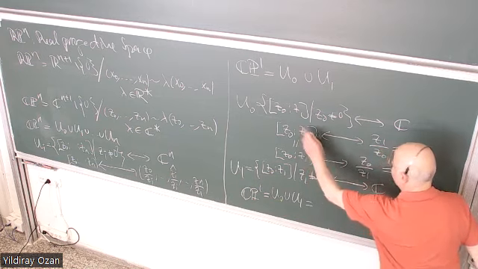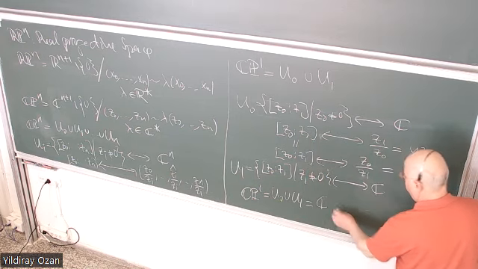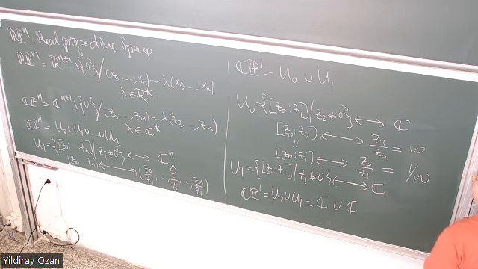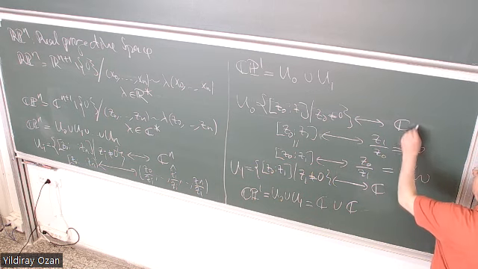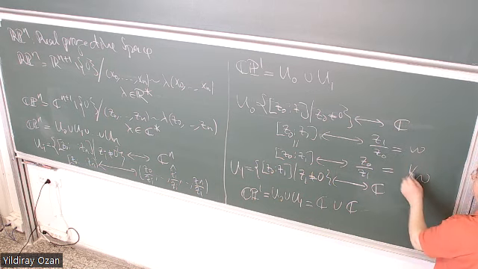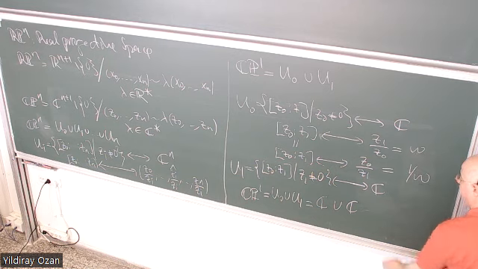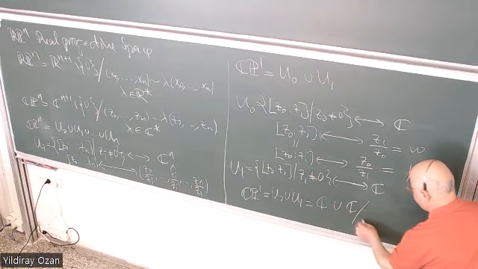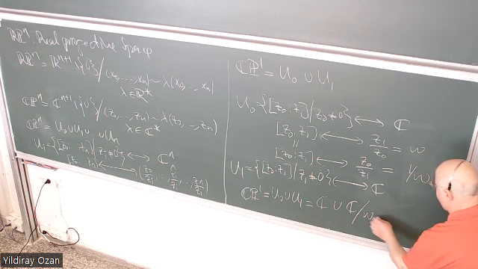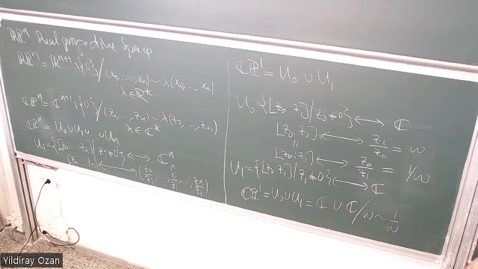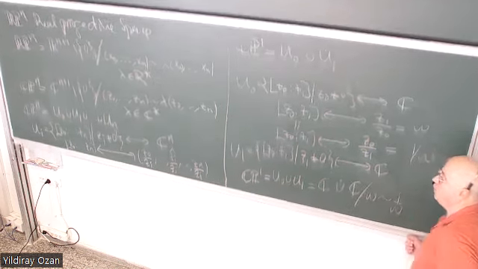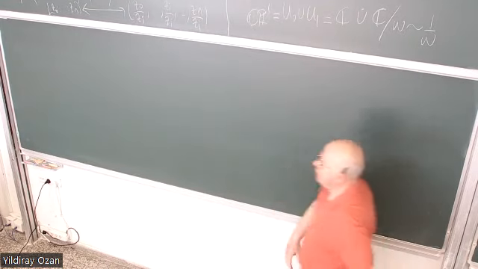So instead of U0, I can write C, and instead of U1, I can write C. And what we do is, this W is a point here, and 1 over W, the same point, lies here. So I have a point here, W, and identify it with 1 over W, as in the case of real projective plane, okay? This is a disjoint union. So we may picture this as follows.